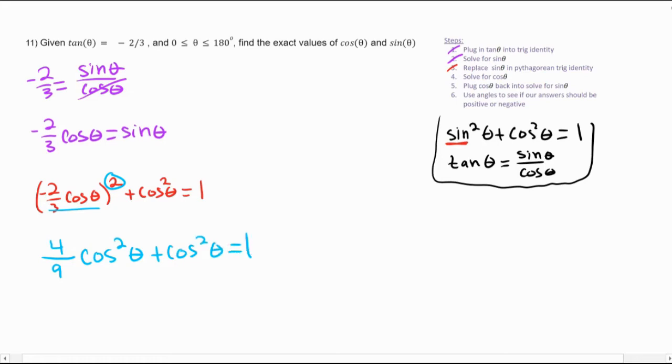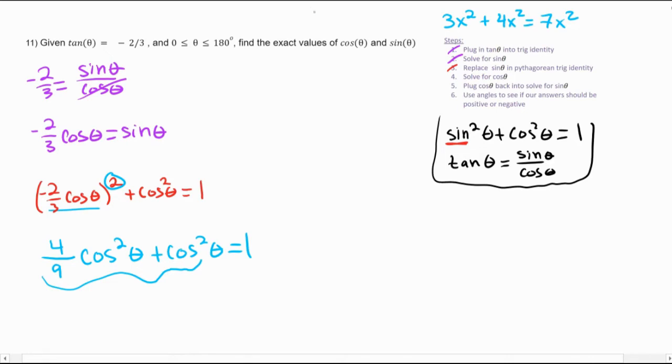Now here's a little tricky part: I am adding two things that are both cosine squared theta. So remember, I'm going to show this in the top right here really quick. If you remember in previous situations when we were combining like terms, if I had 3x squared plus 4x squared, I know that's 7x squared because I can add the coefficients. Same idea here.